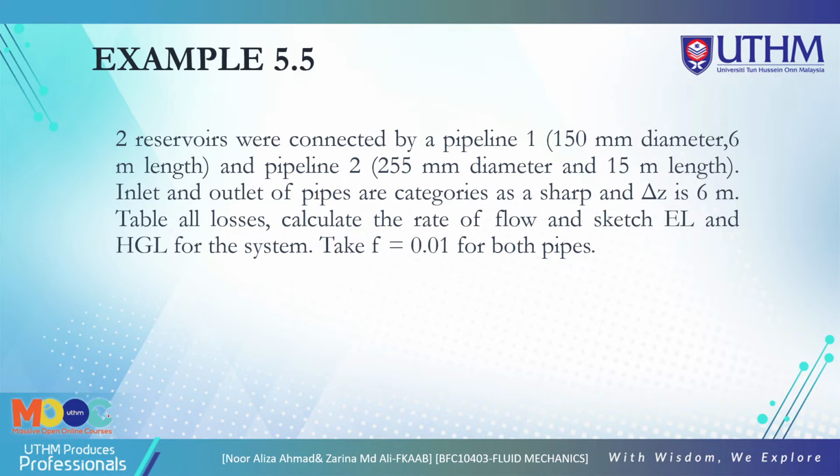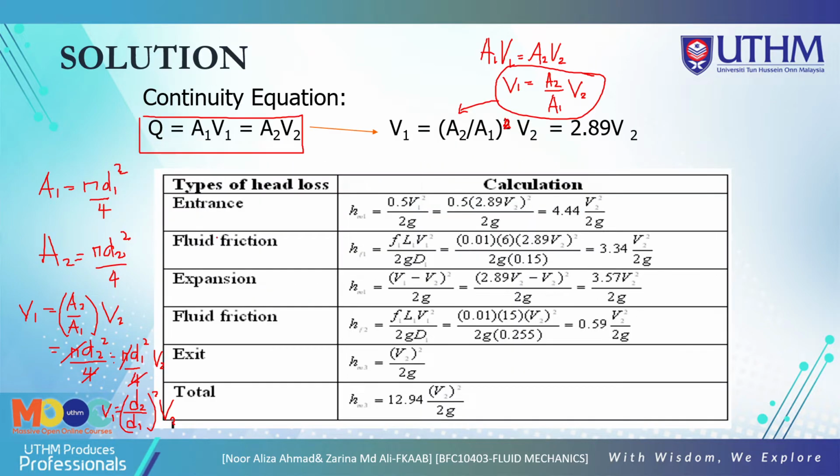Okay, so you get 0.7, so you get 2.89. So that's why you get 2.89 here.